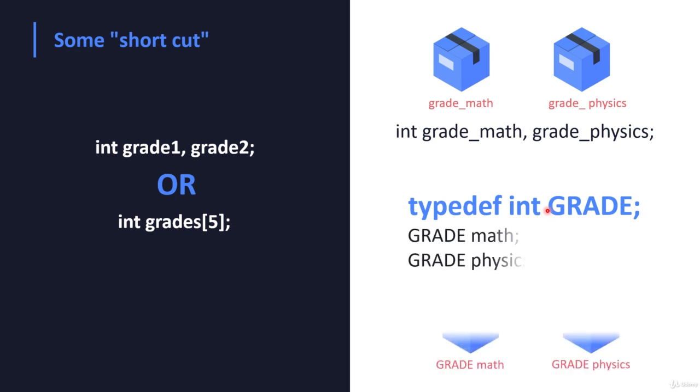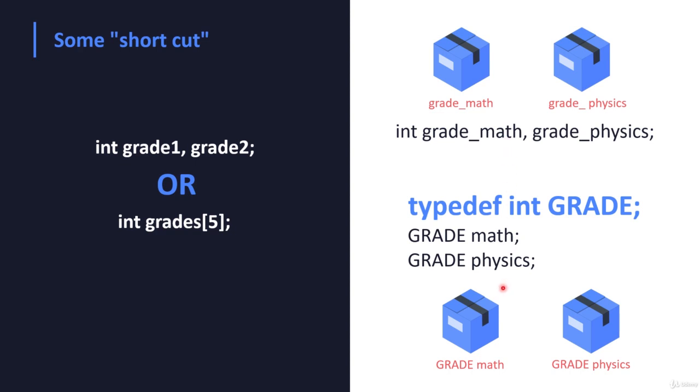So for example, if we use Grade math and Grade physics, we will create two variables. The first one's name will be math, and the second variable is going to be called physics. These two lines of code can also be written in just one line. They are equivalent, basically the same as these two lines.